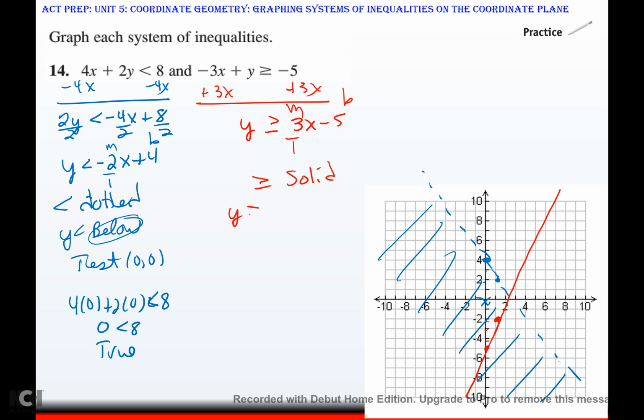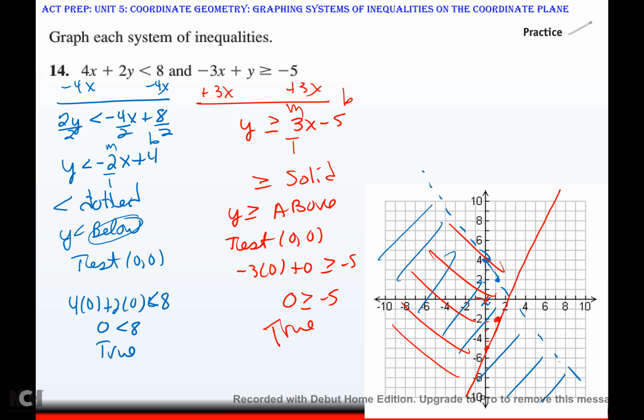And greater than or equal to y means shade above, but again we should test 0, 0. Negative 3 times 0 plus 0 greater than or equal to negative 5. Is 0 greater than or equal to negative 5? Yes, that's true. So wherever 0, 0 is, I'm going to shade, which is above like I thought.